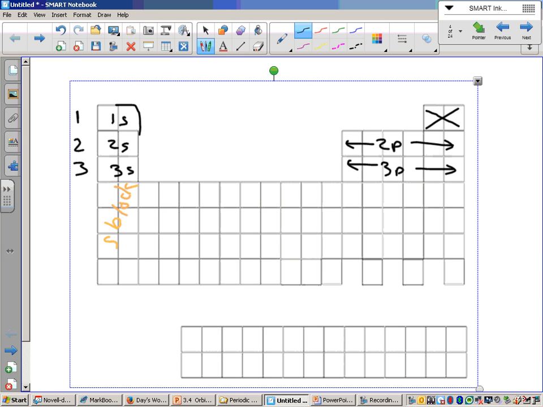You might think that we should fill the 3d next, but if we follow the periodic table, I'm in the fourth row, and I'm back into the S block. So without having to worry about that funny filling order thing, I can just look at the periodic table and say, after I'm filling the 3p, I've got to fill the 4s.